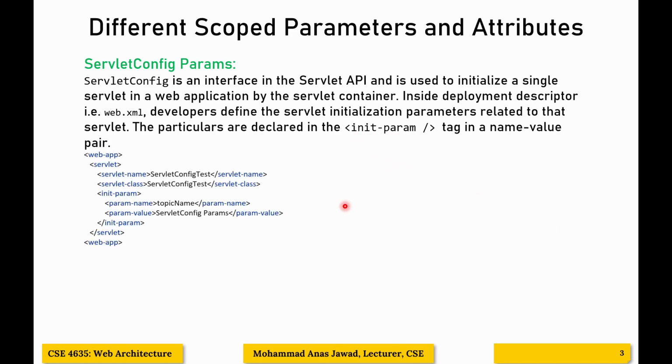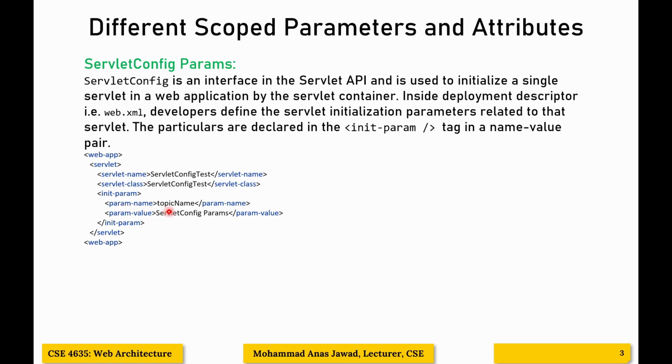If you can see this in this example web.xml file, we are registering a servlet called servlet config test. Inside this servlet tag, we are defining another tag called initParam. This initParam element consists of a param name and param value pair of elements.